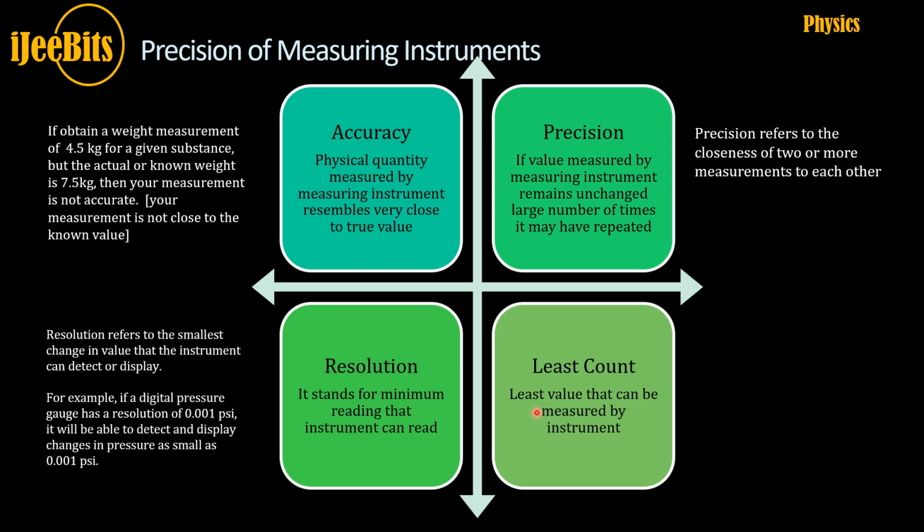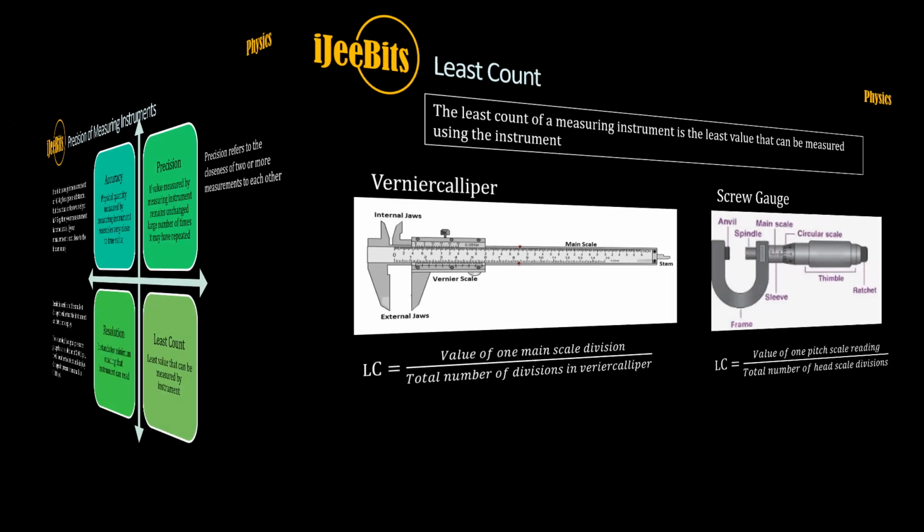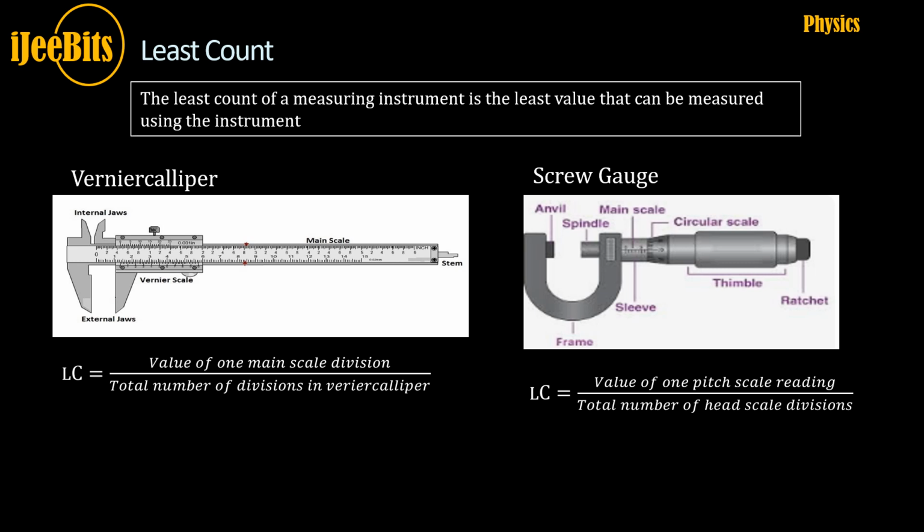The least value that can be measured by that instrument. For instance, you have the vernier caliper and the screw gauge. Both have different least counts, and you can get the concept while doing some examples on those two instruments. So what did we study about the least count? The least count of a measuring instrument is the least value that can be measured using that instrument.